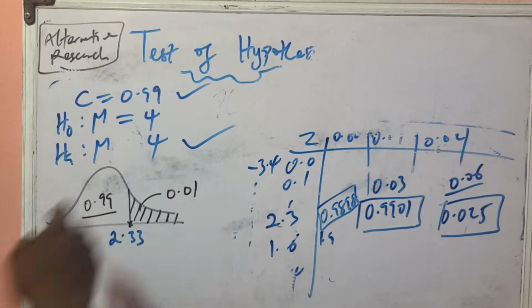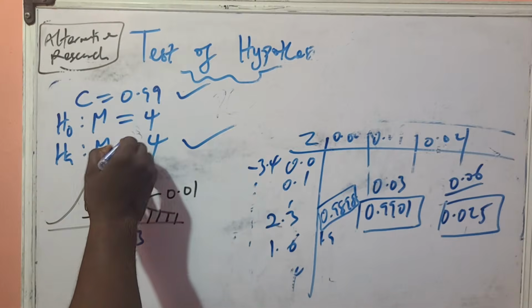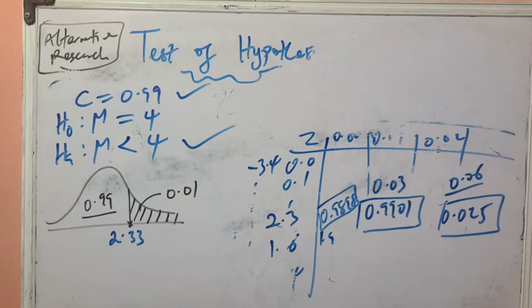So go on now to find the one of less than. So less than, of course, it's going to be like this. I'm sure you agree with that. And in this case, of course, this is the rejection region.